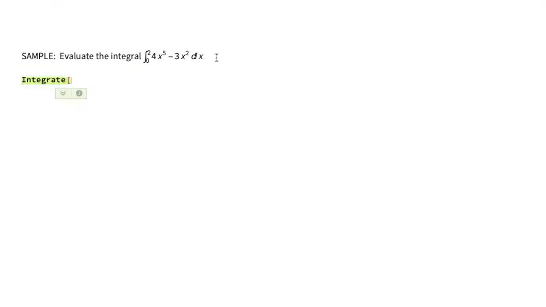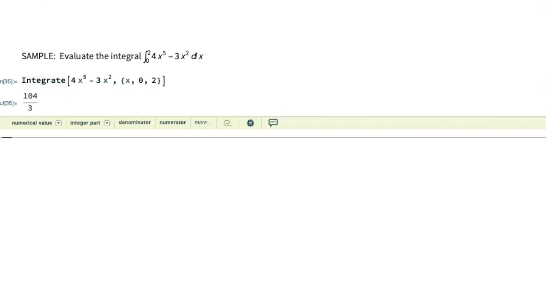You can go back to the Integrate command. And this time, instead of just putting x at the end, you're going to do set brackets, put x as your variable, put your lower limit of integration and your upper limit of integration. And I get a value of 104/3.